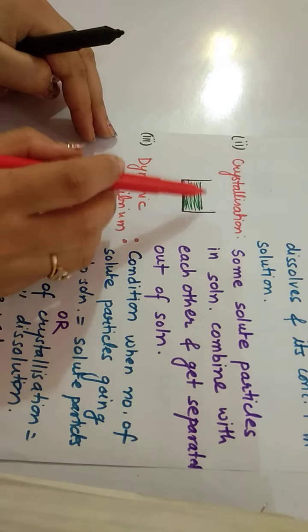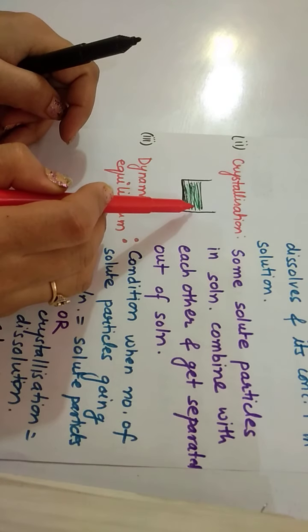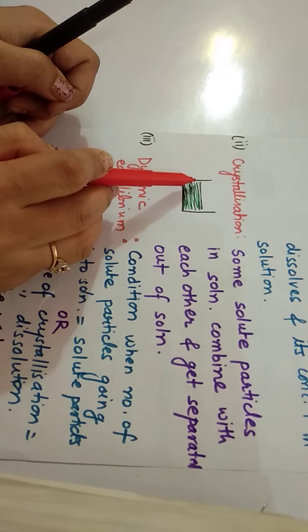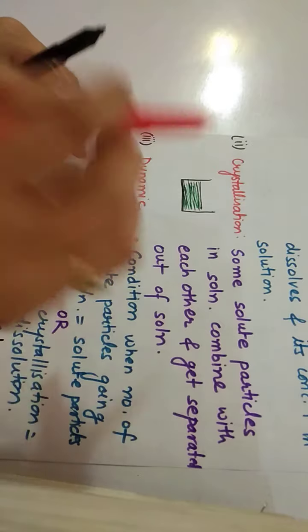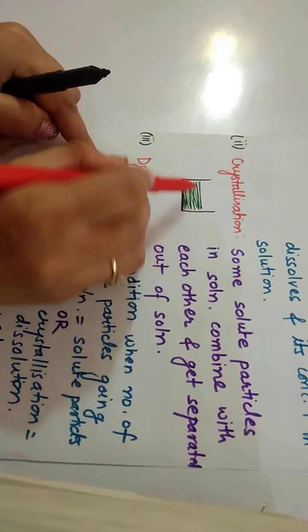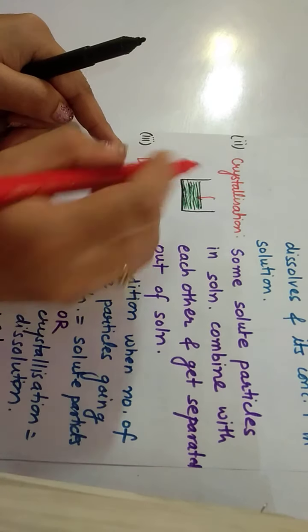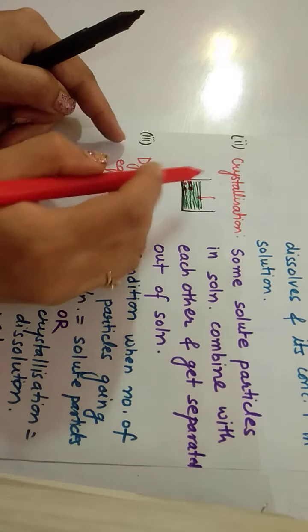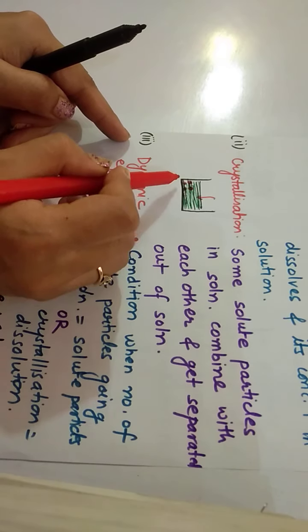Once this solution becomes a saturated solution, no more sugar can be added, because there is no space left between the water molecules. Now what will happen? If you add some more sugar, you can see crystals of sugar accumulate here. No more sugar is being dissolved here.